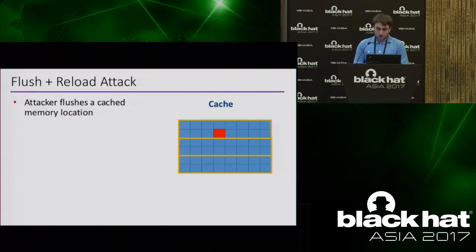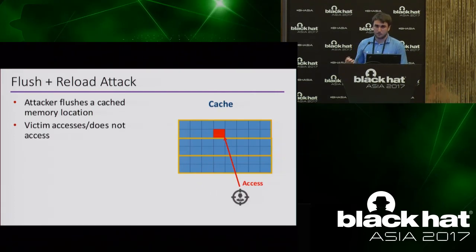If you meet these 2 requirements, the way you can attack is the following. Let's say you have a memory block that you share with a victim and you want to know how it's being utilized. First, the attacker flushes that memory block from the cache, using the flush instruction from the instruction set architecture. Then he waits for some cycles to see whether the victim makes an access or not.